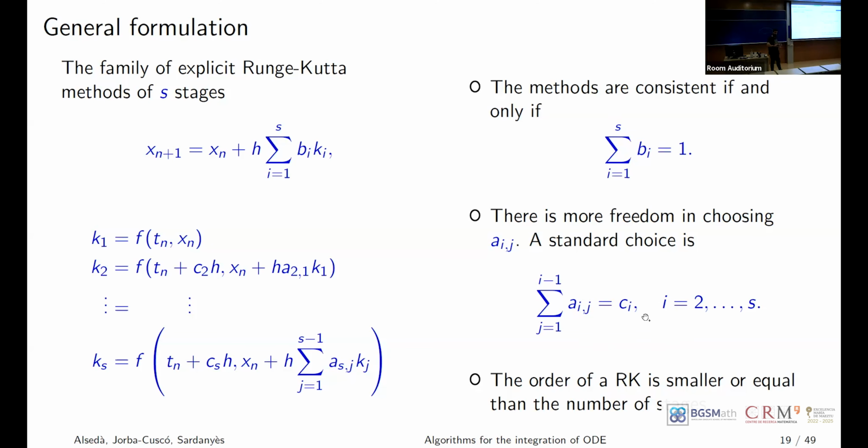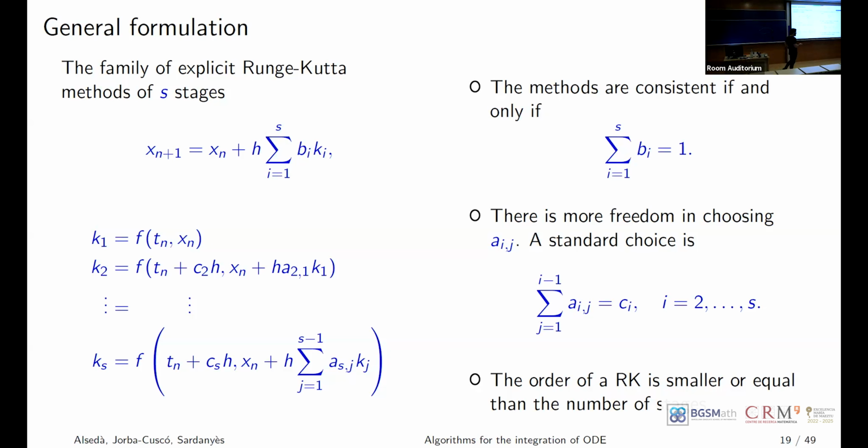But apart from that, notice that we have a lot of freedom, and in particular, we have the freedom of the number of terms, this S. This is called the stages, or the number of stages of a Runge-Kutta. Okay, in principle, one should think that the more stages I have, the better order I have, or the better method.